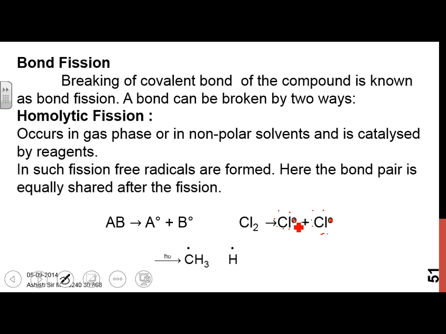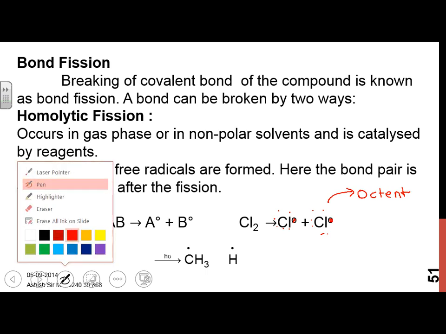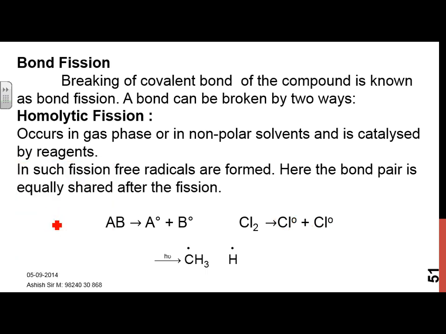That means after homolytic fission of the bond, we get a species whose octet is incomplete. I'm sorry, I wrote the spelling wrong over there. The correct spelling should have been: whose octet is incomplete.